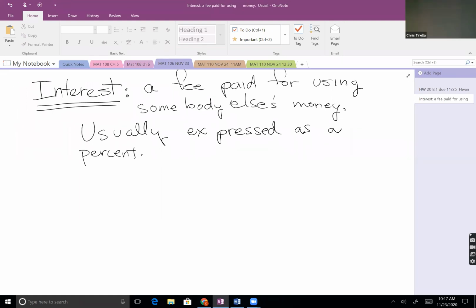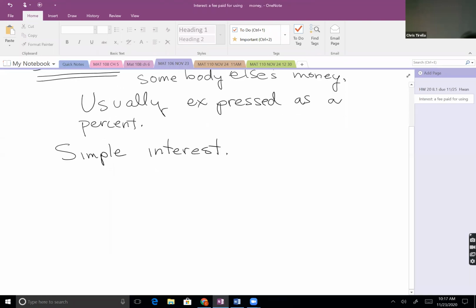This first section of the textbook only deals with the idea of simple interest. And if I'm looking at the idea of simple interest, there are some variables that the authors of the textbook and most people use with regularity. Uppercase I is the dollar amount of the interest.